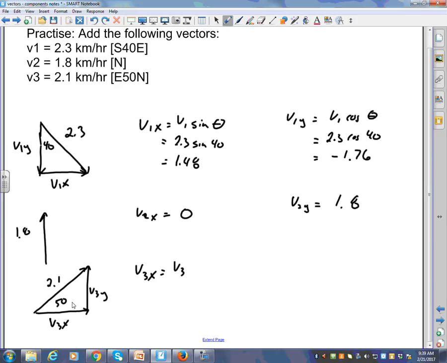So that's 2.1 times the cosine of 50, which is 1.35, positive, so to the right.